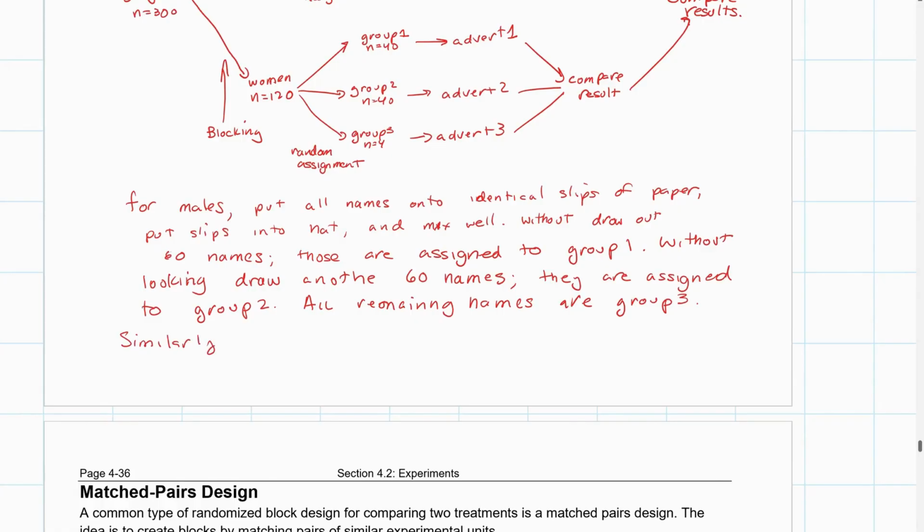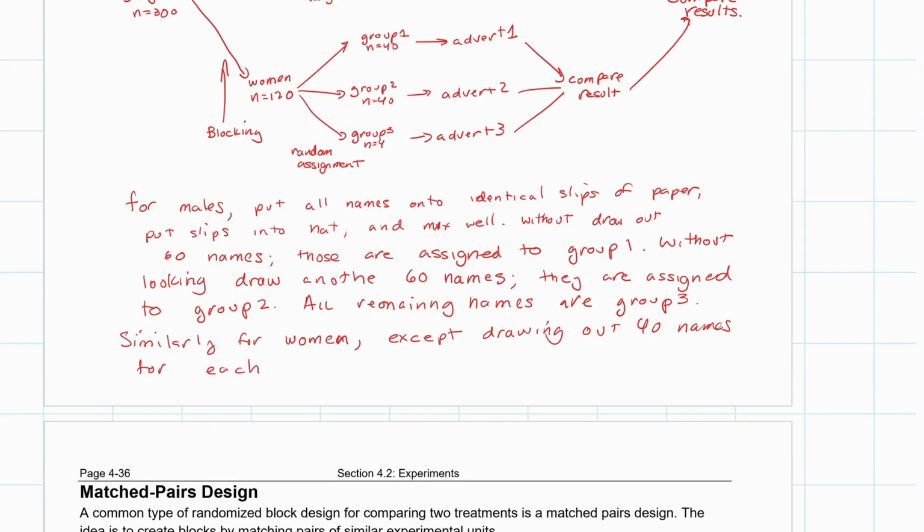Similarly for women, except drawing out 40 names for each group.